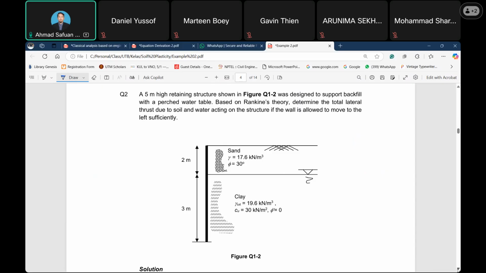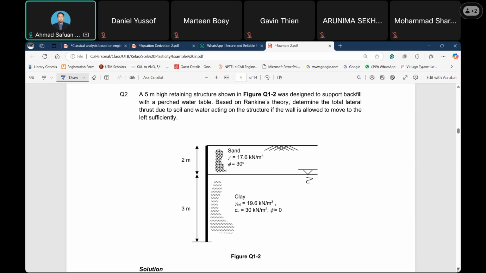So there is a water table there. Based on the Rankine theory, determine the total lateral thrust due to the soil and the water acting on the structure if the wall is allowed to move to the left sufficiently.